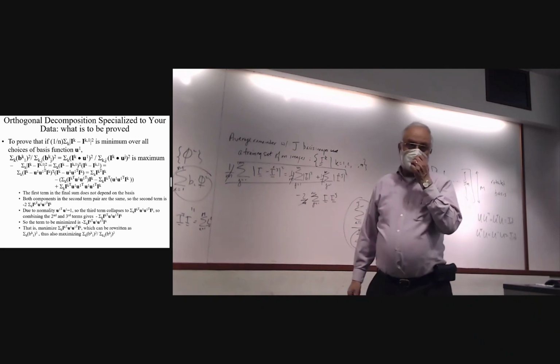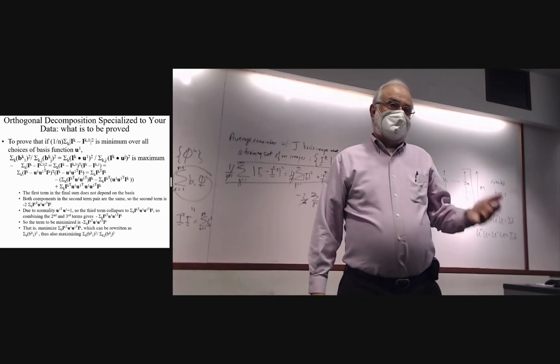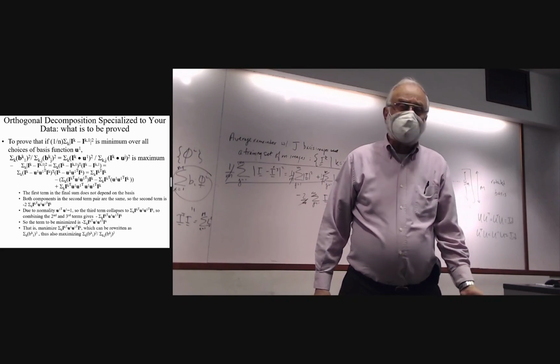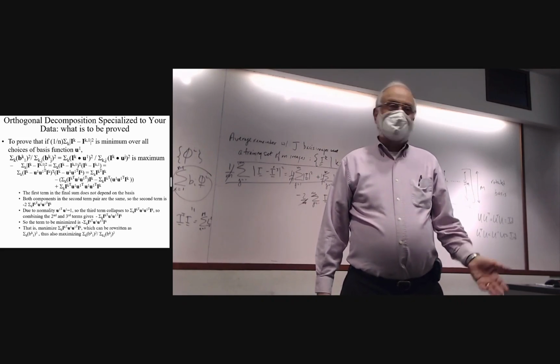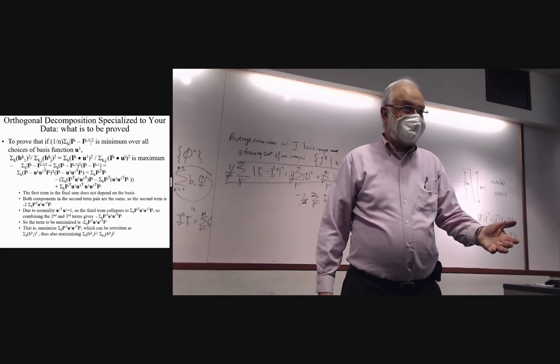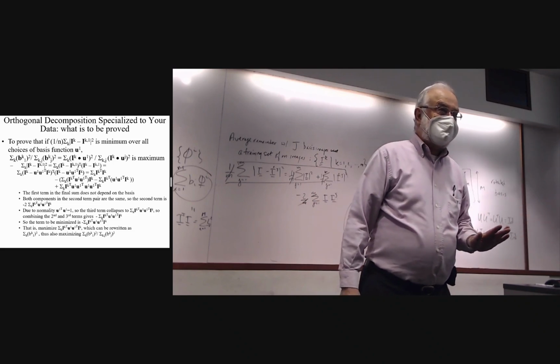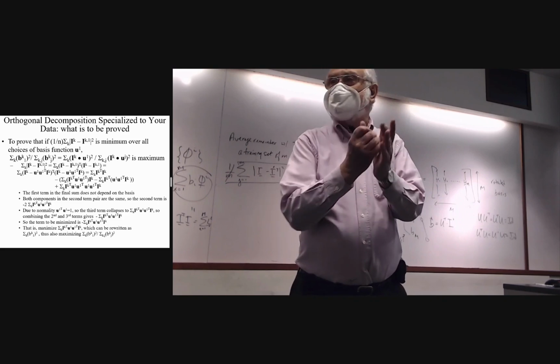And the proof goes on to show that the 2 best ones are the first one, you don't change the first one, and another one that is orthogonal to it.